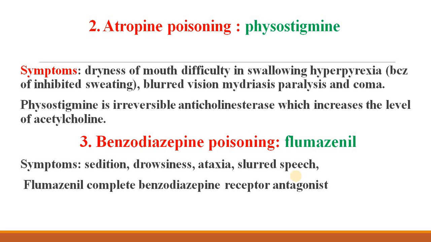Benzodiazepine is an agonist and flumazenil is an antagonist. It is a specific benzodiazepine receptor antagonist, so that's why flumazenil is used in benzodiazepine poisoning. It will reverse all the symptoms.